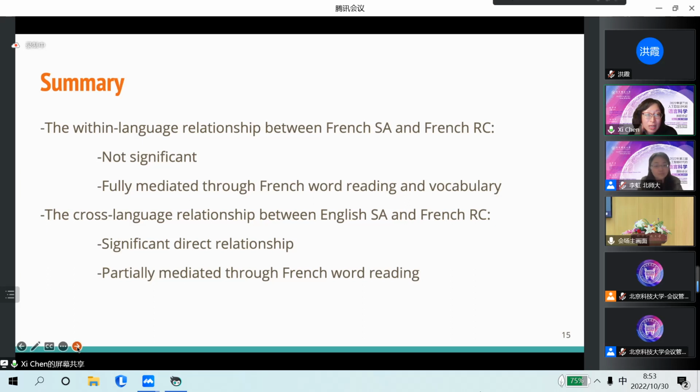The within-language relationship between French syntactic awareness and French reading comprehension was not significant, no direct effect, but we found significant indirect effects mediated through French word reading and French vocabulary. The cross-language relationship between English syntactic awareness and French reading comprehension was significant. Here we found a significant direct relationship, but we also found a significant indirect relationship mediated through word reading.